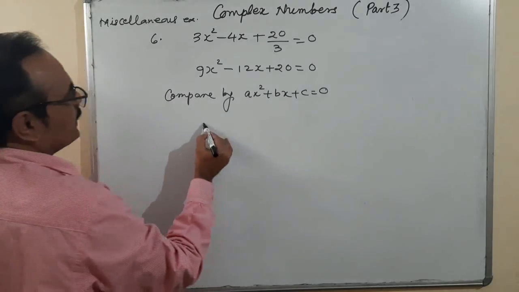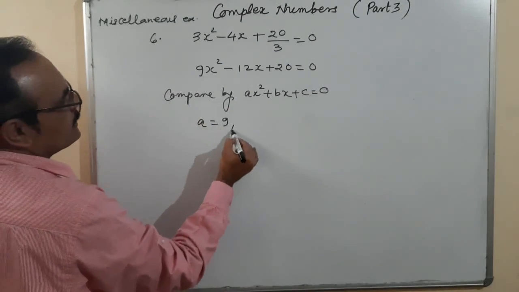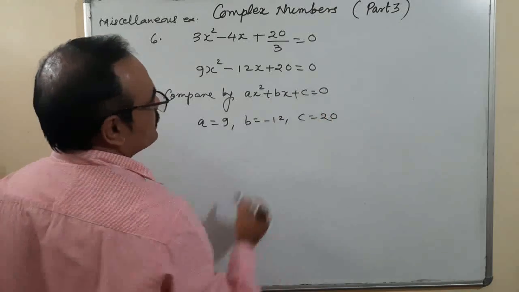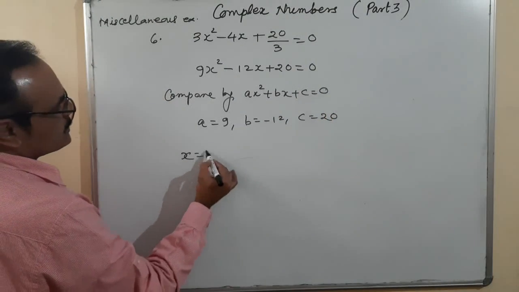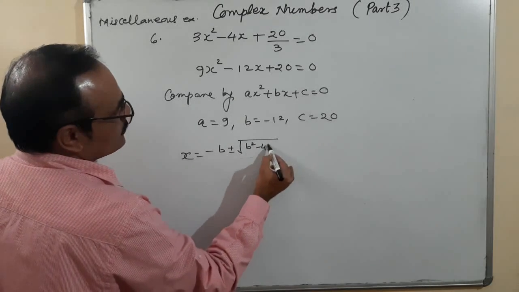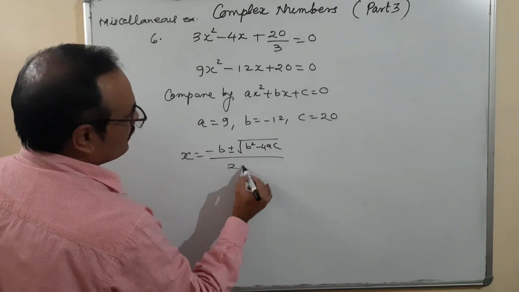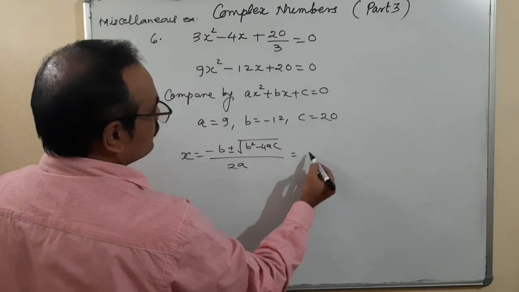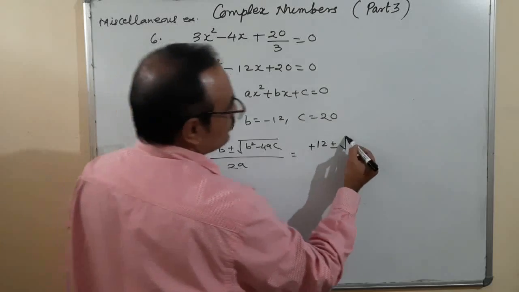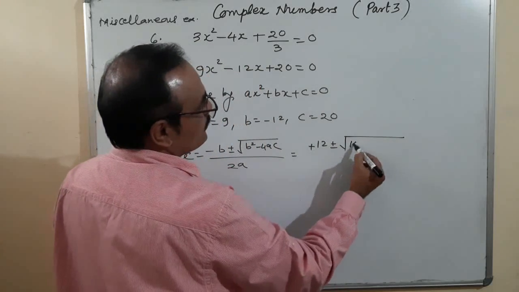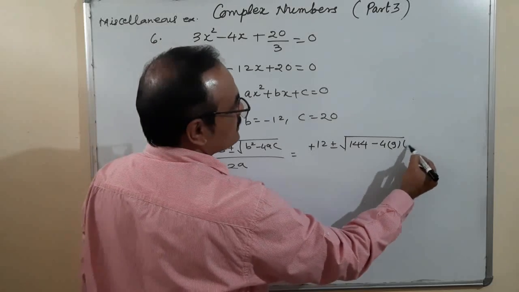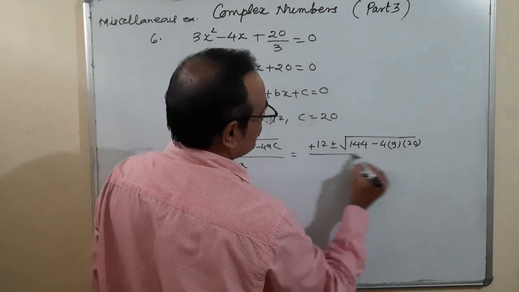A is equal to 9, the coefficient of x square, b is equal to minus 12, and c is equal to 20, the constant term. Quadratic formula: x is equal to minus b plus minus under root of b square minus 4ac upon 2a. So I put the values: minus b is plus 12, plus minus under root of 12 square, 144, minus 4 times 9 times 20, upon 2a.